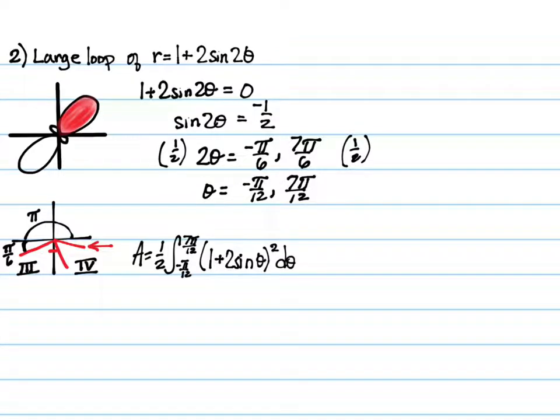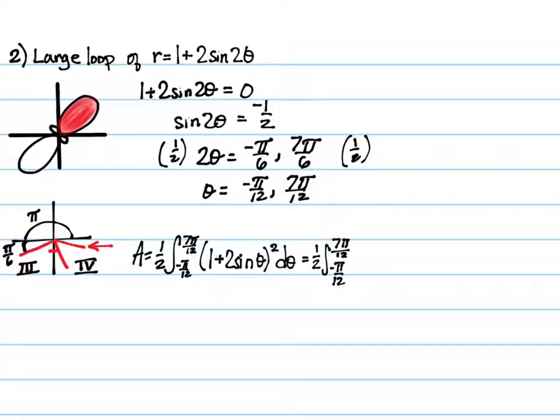Now, that's not as friendly as the last one because there's addition inside there with the squaring, which means we have to FOIL it out, right? We have to do 1 plus 2 sine 2 theta times 1 plus 2 sine 2 theta. So when I FOIL that out, I end up with a 1/2 integral from negative pi over 12 to 7 pi over 12.